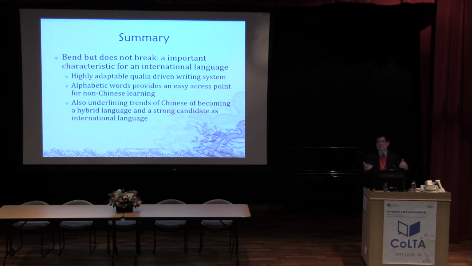So in the semantic web, the web should be able to use that very effectively. On the other hand, you can see that Chinese itself internally becomes a hybrid language by using alphabets. And for that, I would also argue that it would allow Chinese to be a strong candidate for an international language by being so adaptive, having such a hybrid representation. Thank you.